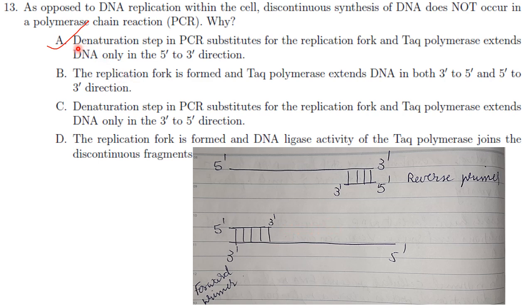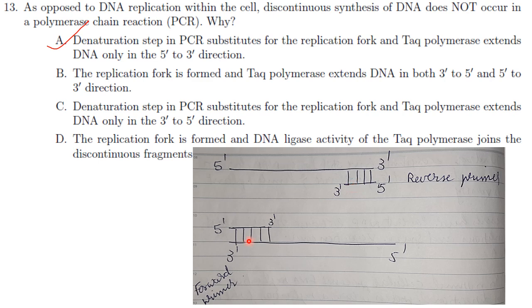So the first option, if you see, denaturation step in PCR substitutes for the replication fork. Yes, here the DNA is denatured due to high temperature in PCR. So it doesn't take into consideration the origin of replication or anything like that. There is denaturation due to high temperature and the strands separate.